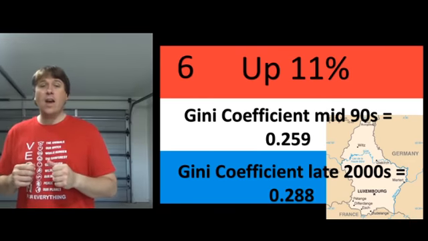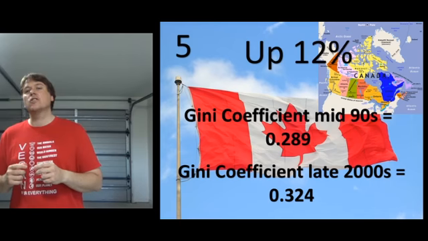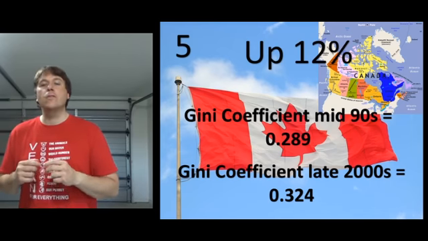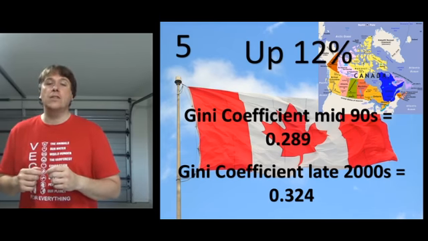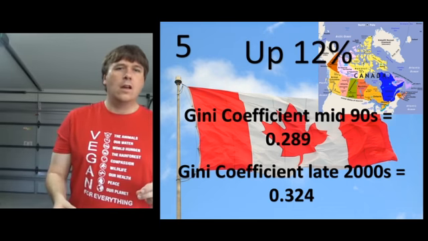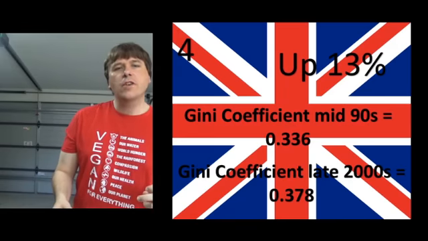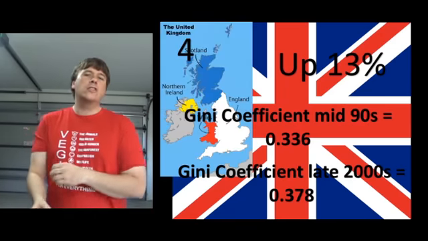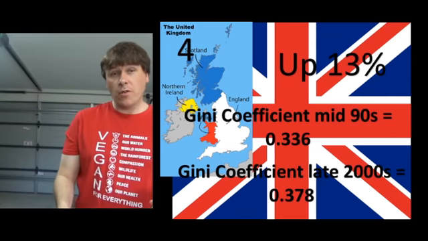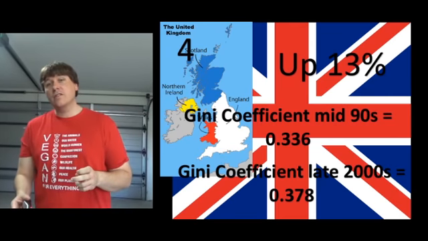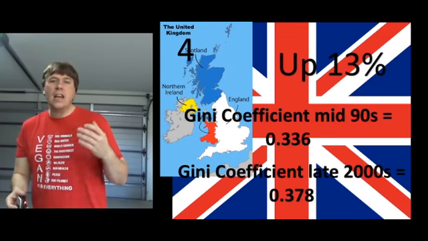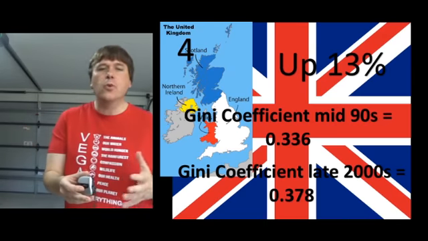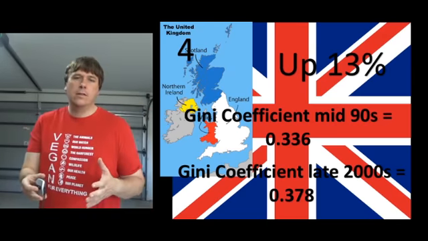At number 5, we have Canada, and the Gini coefficient has gone up from 0.289 in the mid-90s up to 0.324 in the late 2000s. At number 4, we have the United Kingdom, and that has gone up by 13%, from 0.336 to 0.378 in the late 2000s. It's starting to get on the high side, starting to climb towards that 0.4 mark.